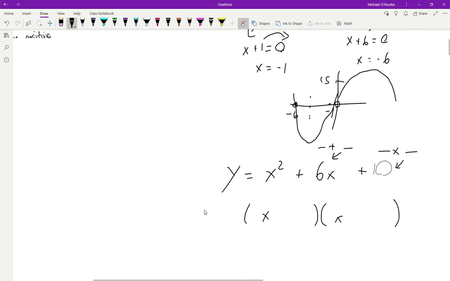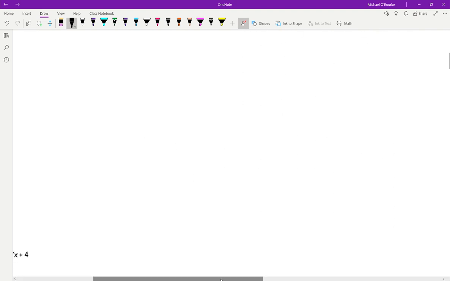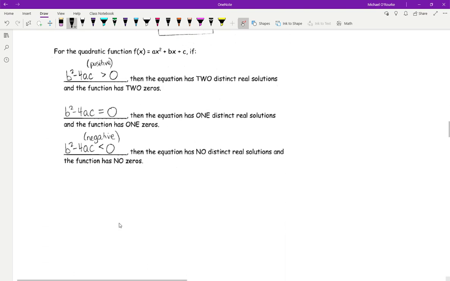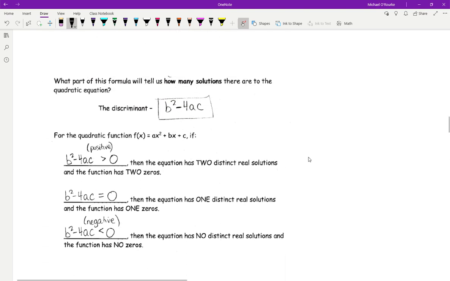Okay? Now let's take this equation, for example, here first. I'm actually going to jump ahead. We're going to jump down here. Because before you do any, if you take a look at the equation and you say, I can't factor that, it may be a case of it's not factorable, or it may be a case of I can't factor it because I just can't figure out what's going on, right?